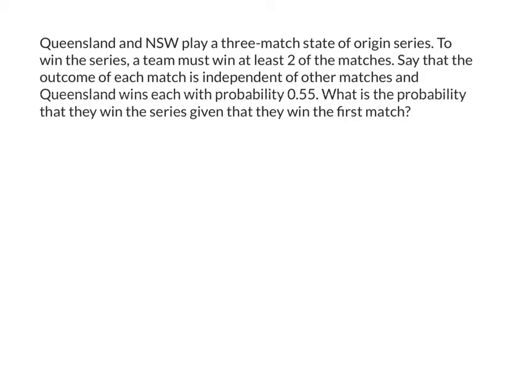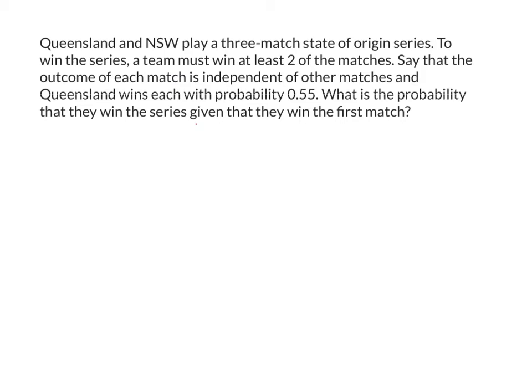So in order for Queensland to win the series, they need to have either won all 3 matches or won exactly 2 matches. Because those 2 events are mutually exclusive, I can add together their probabilities.